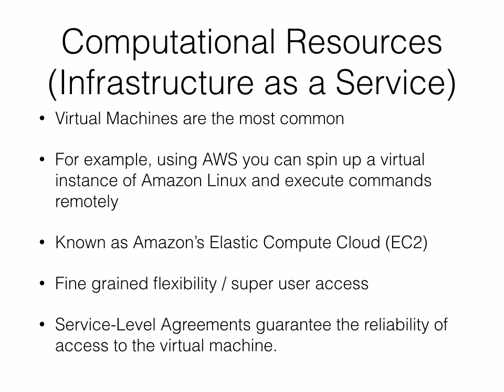And also, when you do that, you have service level agreements that guarantee the reliability of access to that virtual machine, as that can become very important, especially if you're using that to develop software applications, for example. You need access to that thing on demand, when you need it, at the times you need it.